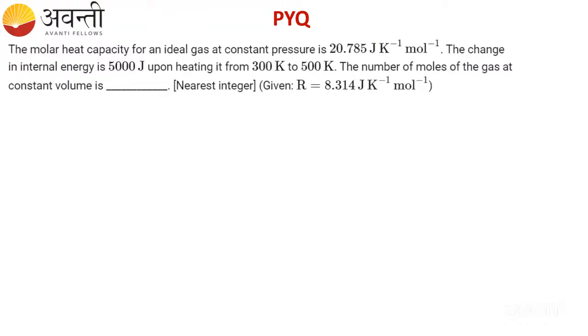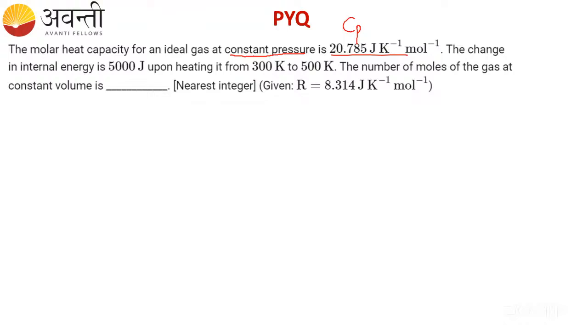The molar heat capacity for an ideal gas at constant pressure is 20.785 joule per Kelvin per mole. What is meant by molar heat capacity at constant pressure? It is nothing but Cp, right?